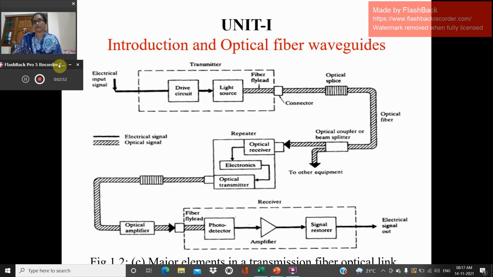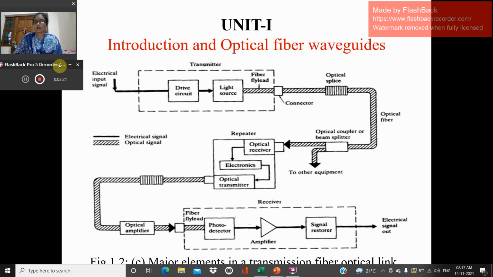After splitting or coupling, the signal passes to the repeater section. The transmitter output is an optical signal, and the repeater input is the same optical signal.